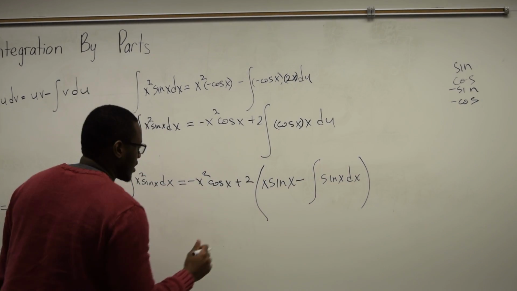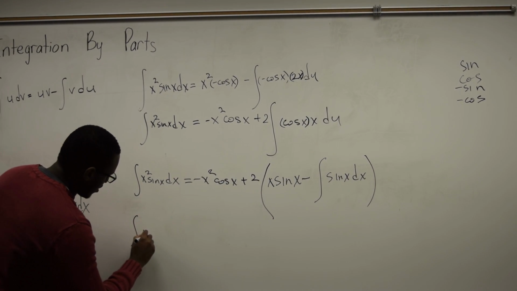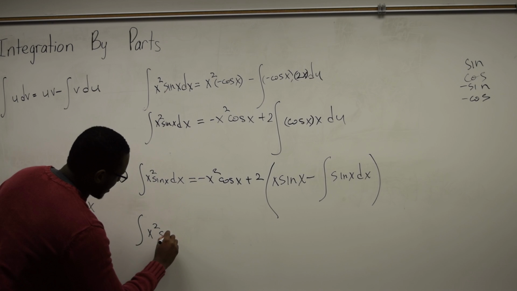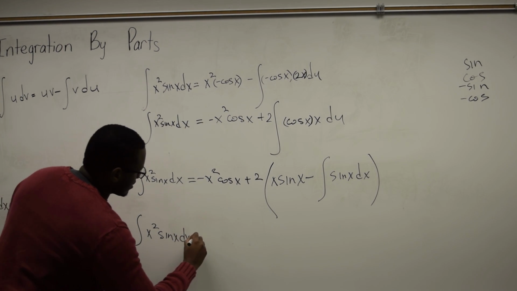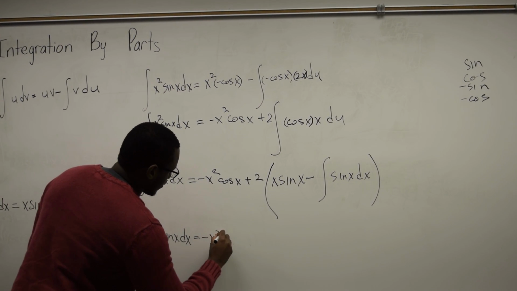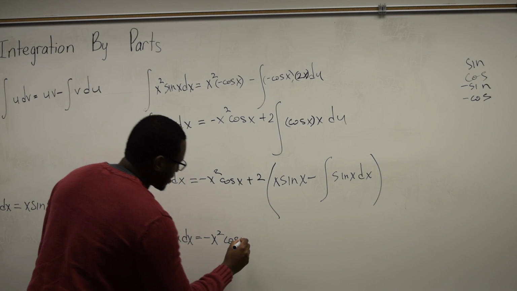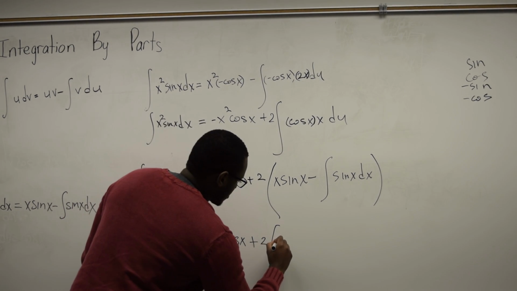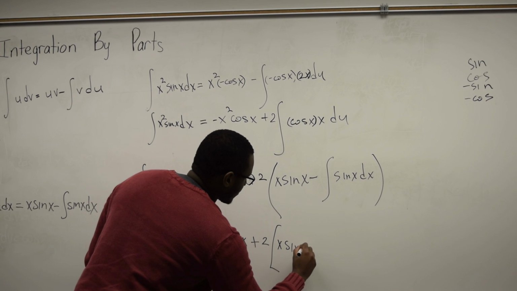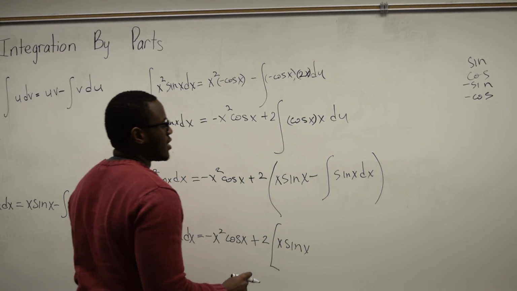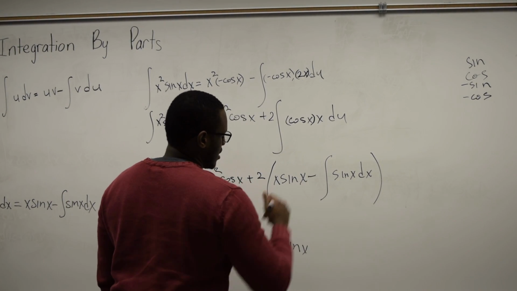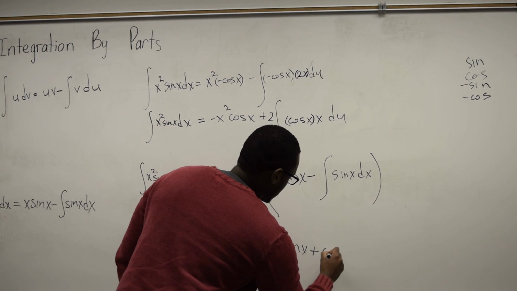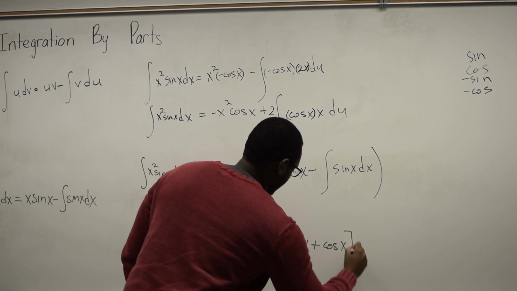So now we can say the integral of x squared sine x dx is equal to negative x squared cosine x plus 2 times x sine of x, and we said it was negative cosine, so that'll be plus cosine of x.